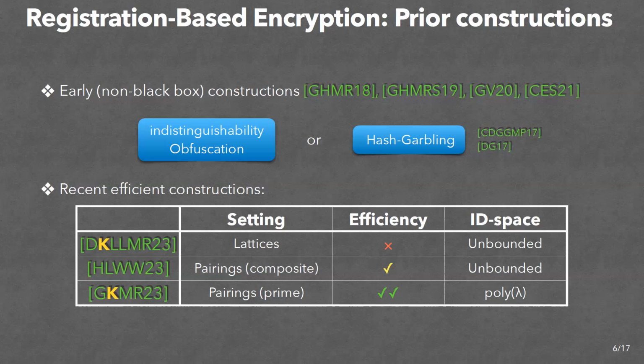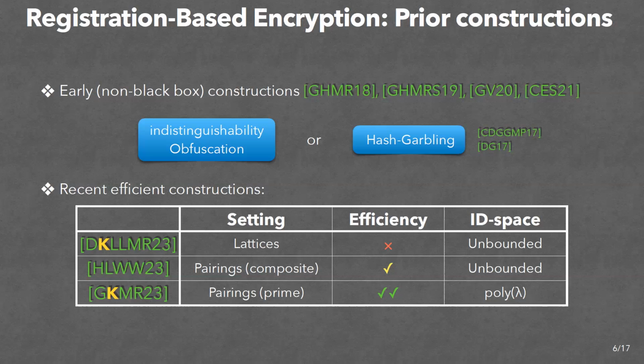They were really inefficient. For example, indistinguishability obfuscation, it goes without saying, is a very inefficient primitive. For hash garbling, even if the assumptions there were really light, we could have ciphertexts in the order of terabytes. So basically, this primitive was kind of, let's say, theory.